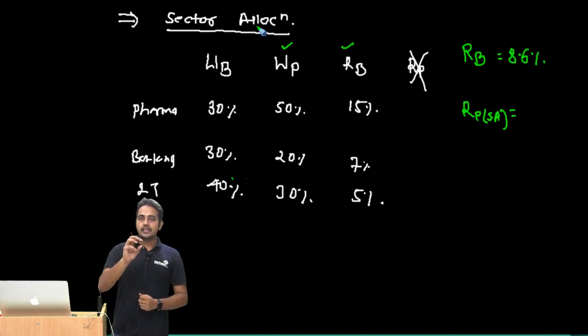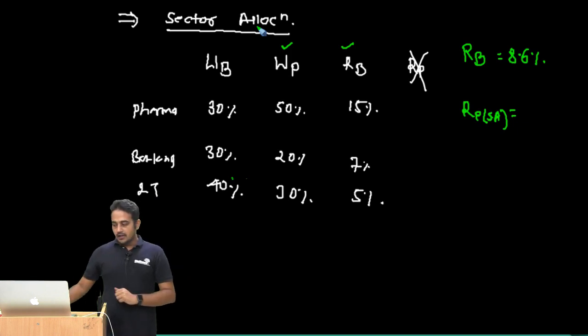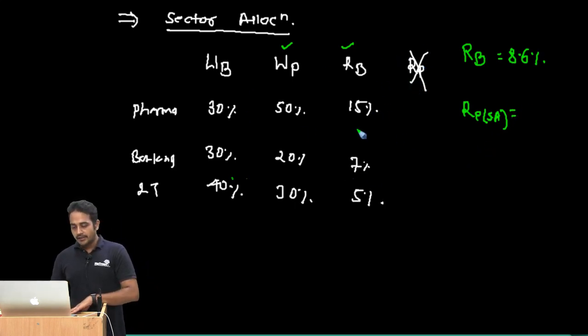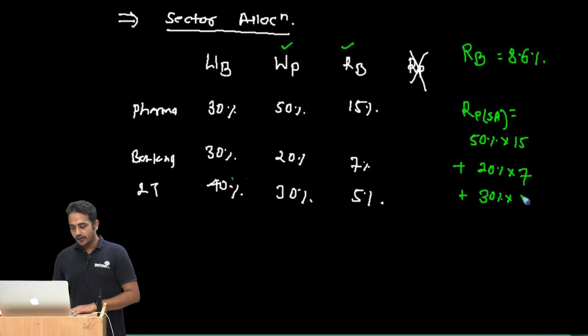So let's force him to select those securities which were there in the benchmark. So return on the benchmark and portfolio are the same, guys, and therefore we don't write that column at all. We just write this. And now we do a weighted average, which would be like this: 50% into 15, 20% into 7, and 30% into 5. How much is that?